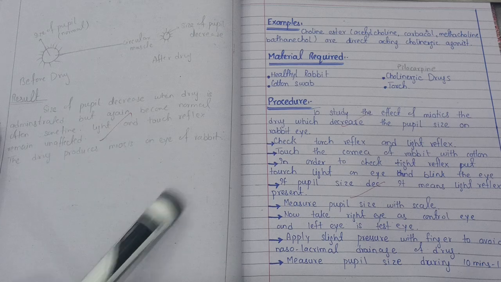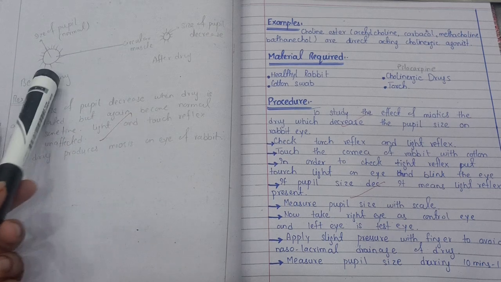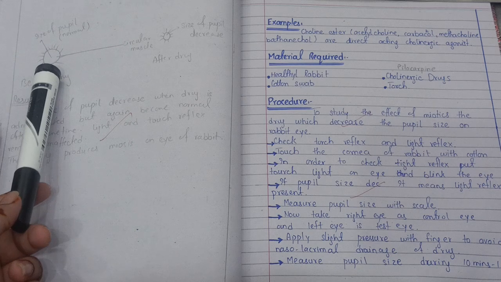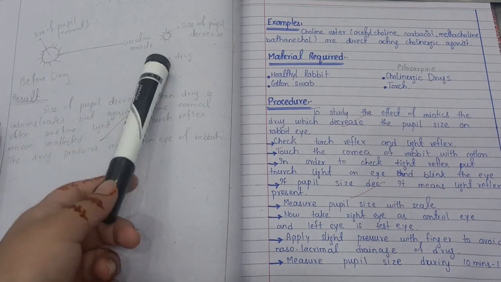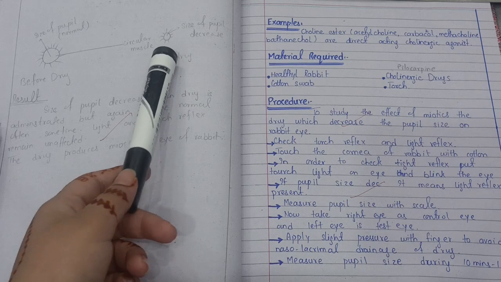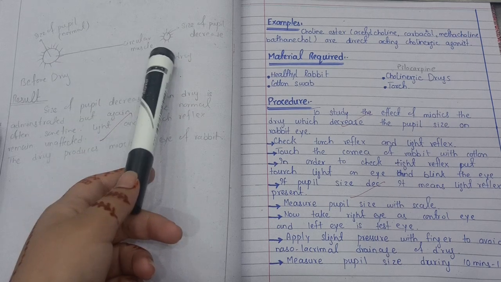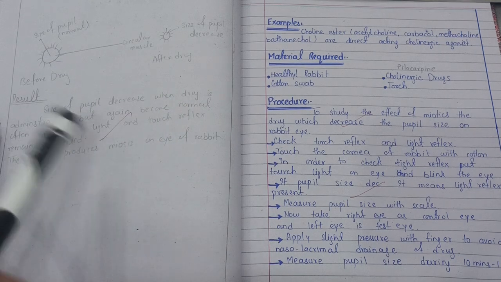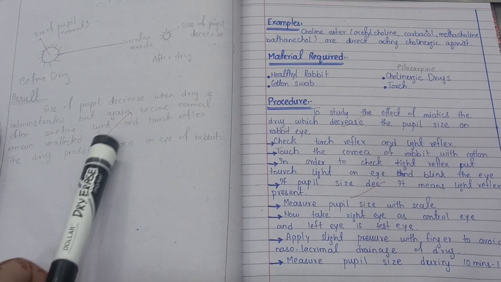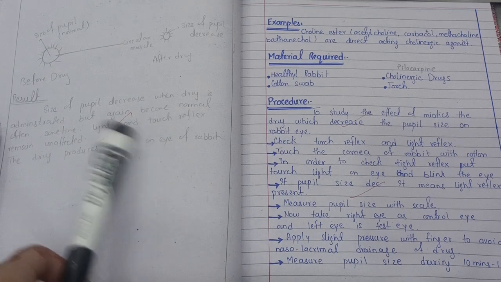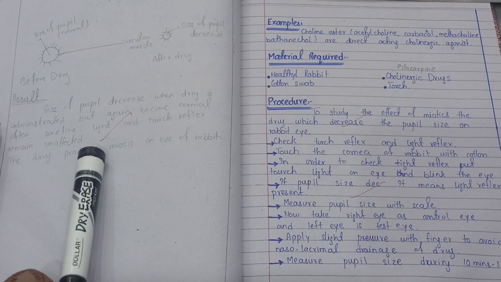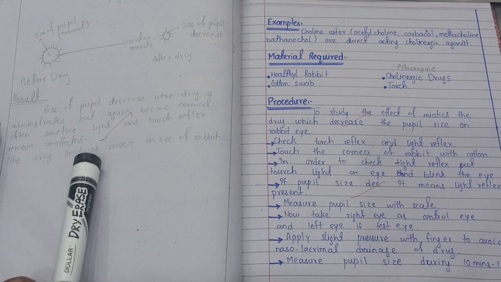In the pencil work I have made a pupil. This is the normal size of the pupil before the drug application, and after the drug, as the ciliary muscles contract, you can see the pupil size decreases. So you will write up the results that the size of the pupil decreases when the drug is administered, but again becomes normal after some time, because no drug has a duration up to 24 hours.